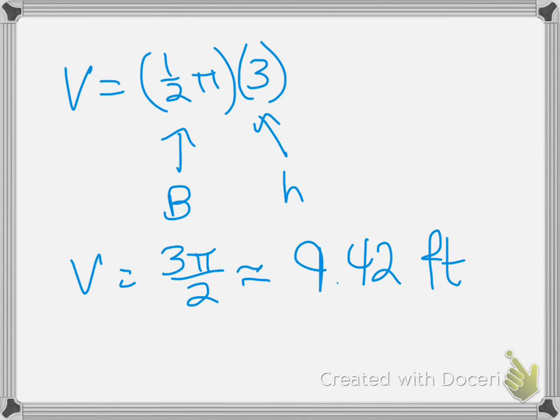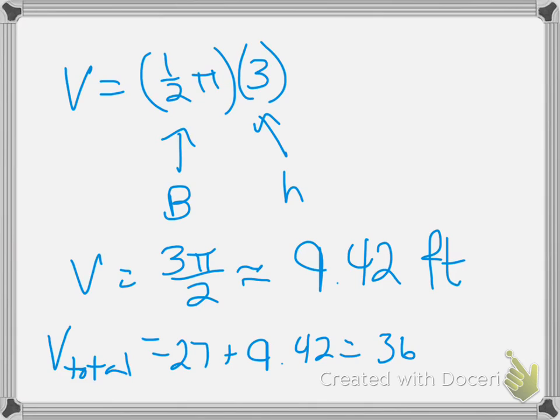So the total volume of each trash can is going to be 27 plus 9.42, which is going to be 36.42 cubic feet.